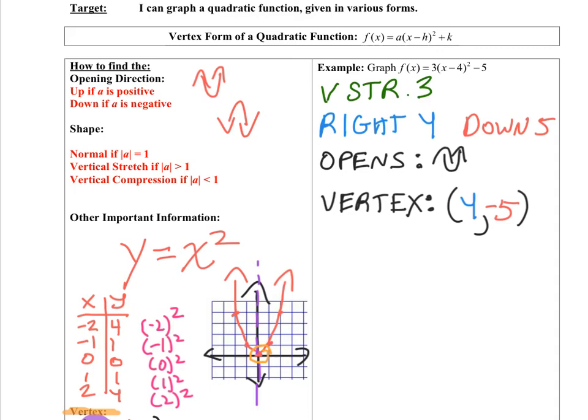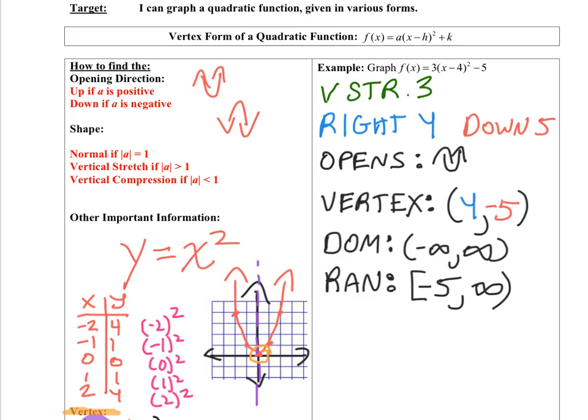Because of the translations, the vertex will be (4, -5). The domain will be negative infinity to positive infinity, and because the parabola is opening upwards, the range will be -5 to positive infinity.